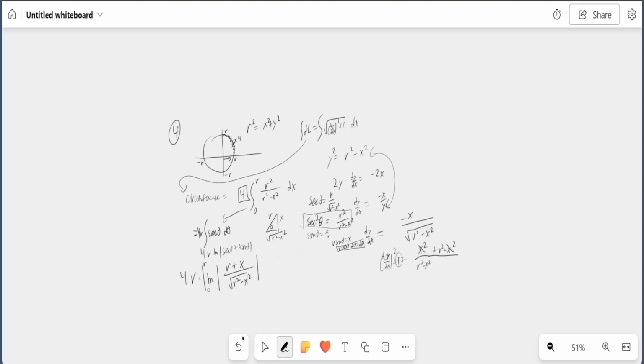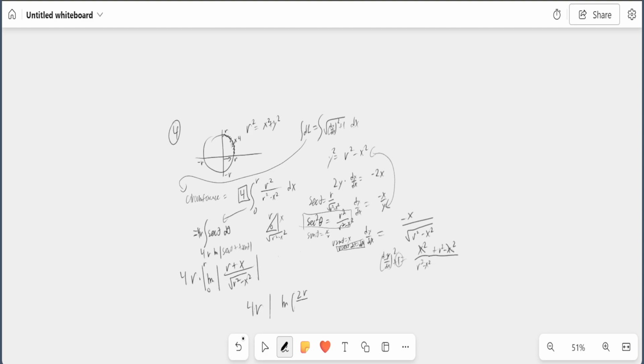I wish there was a way to drag this. But anyways, for r times ln 2r over r squared minus x squared. Ooh, that is an, what do we call it?